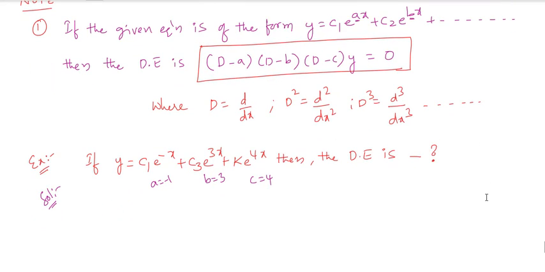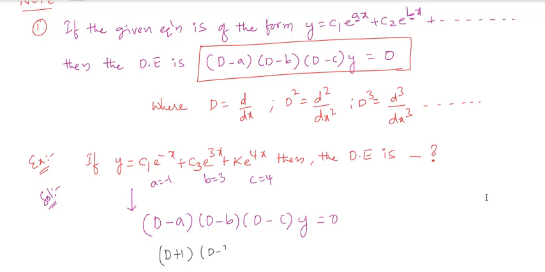So with respect to the given differential equation, the differential equation for this is (D minus a) into (D minus b) into (D minus c) into y is equal to 0. What is the value of a here? Minus 1, so minus of minus becomes plus. So (D plus 1) into (D minus 3) into (D minus 4) into y is equal to 0.